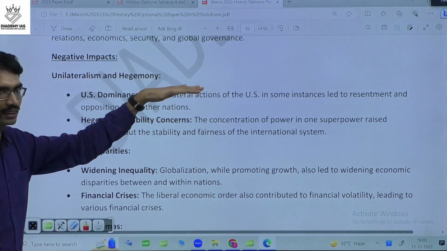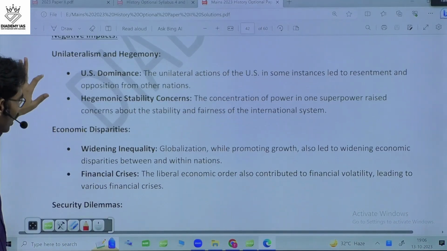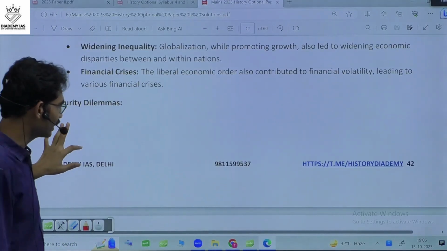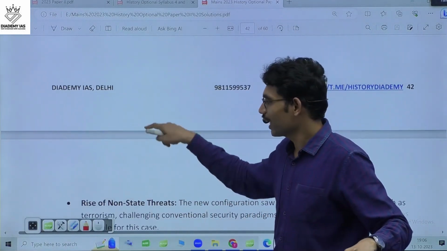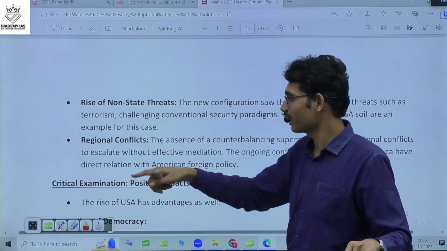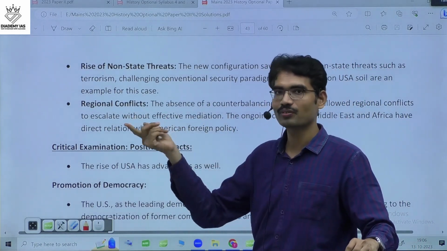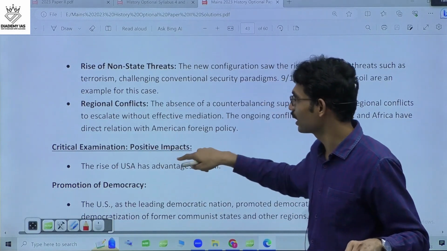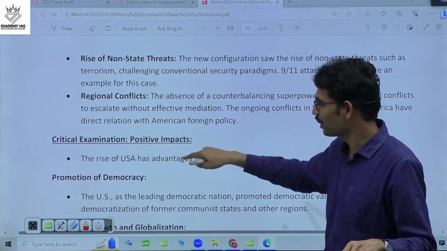But first you highlight the challenges, negative impact: unilateralism, hegemony, economic disparities, security dilemmas, terrorism, the rise of non-state actors, terrorists. More terrorist attacks increased because of hatred against the USA, rise of non-state threats, regional conflicts emerged.